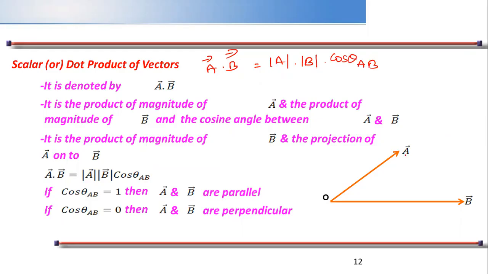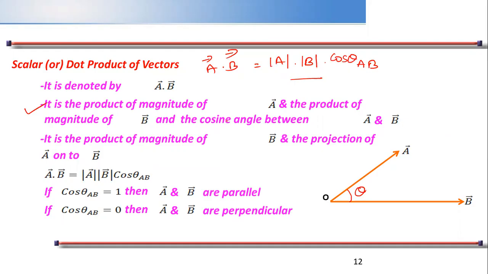If these are two vectors A and B, and theta is the angle between them, then it is the cosine of the angle theta between A and B. That is what we call dot product.